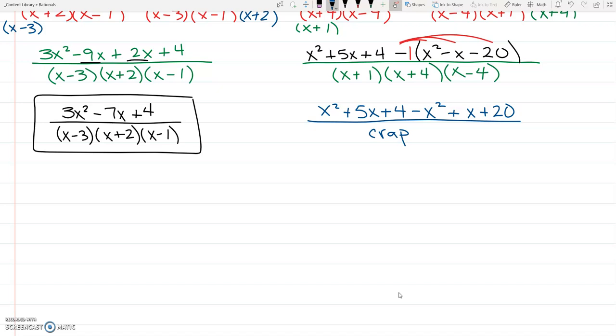Next, let's combine like terms. Let's see, x squared minus x squared, gone, right? That equals 0. 5x plus 1x, 6x. Okay, 4, positive 20, positive 24.